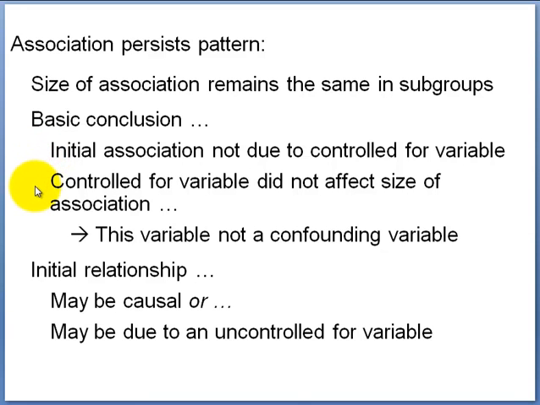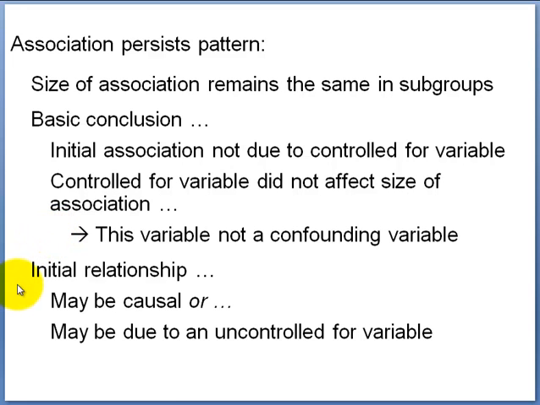You conclude that the controlled for variable did not affect the size of association, and that the controlled for variable in this case is not actually a confounding variable, in the sense that the definition of a confounding variable is a variable that affects the pattern of association between two others. And if the pattern of association isn't affected, in other words, if the relationship is the same size subsequent to control, then indeed the variable isn't a confounding variable.